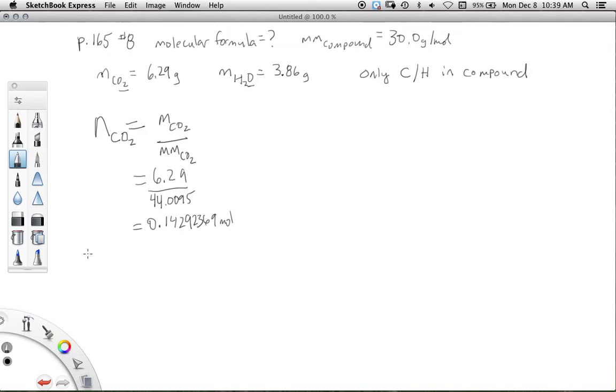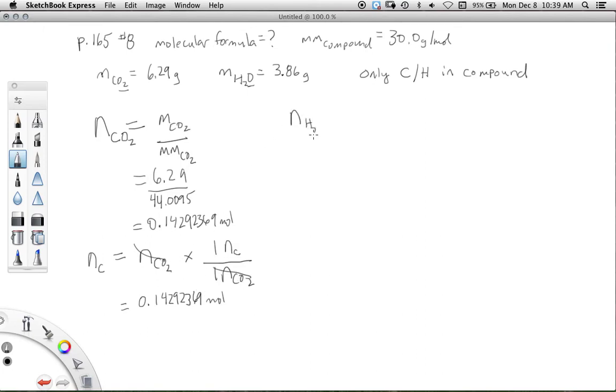But the moles of carbon are equal to the moles of carbon dioxide multiplied by 1 mole of carbon in every 1 mole of carbon dioxide, so the moles of carbon dioxide cancel and I get moles of carbon, 0.1429236 moles, because they're the same. So that works out well.